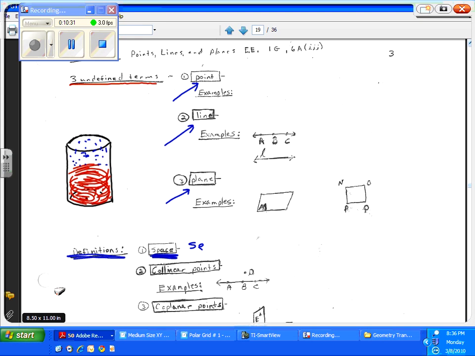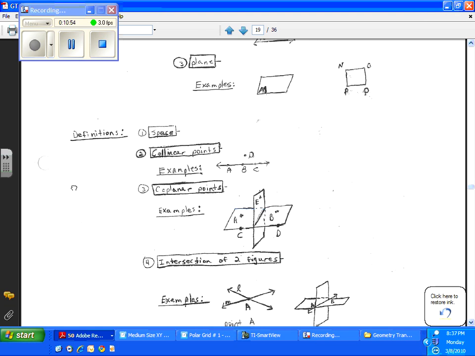And so space then is the set of all points. Space is the set of all points. Or you may think of it as every location that exists in our universe. Okay?